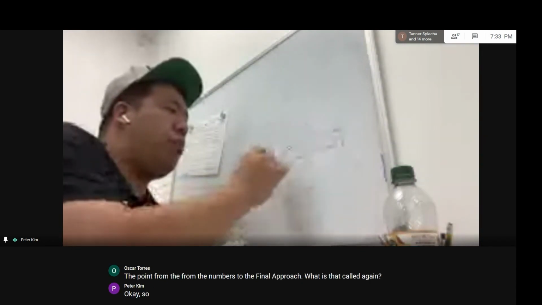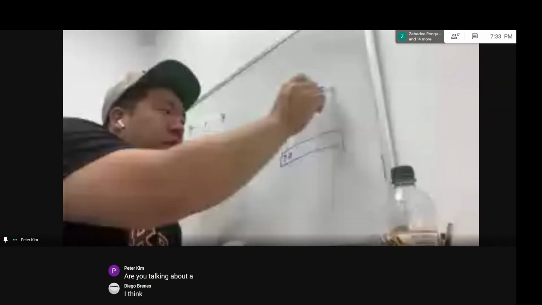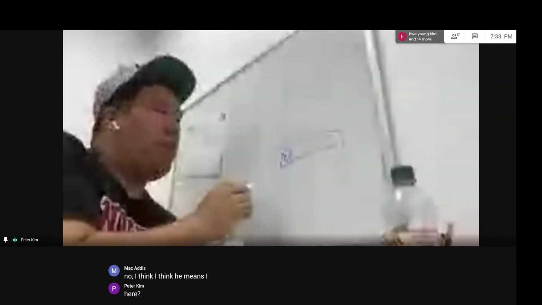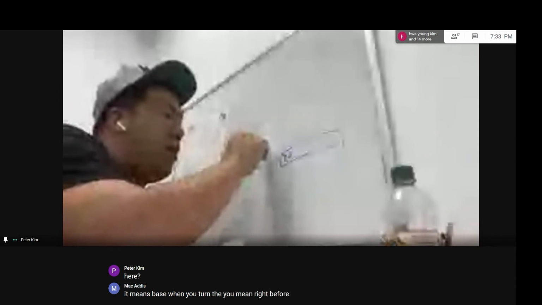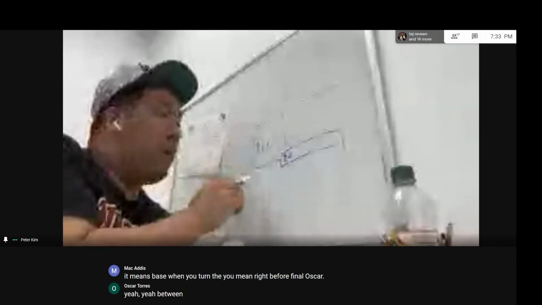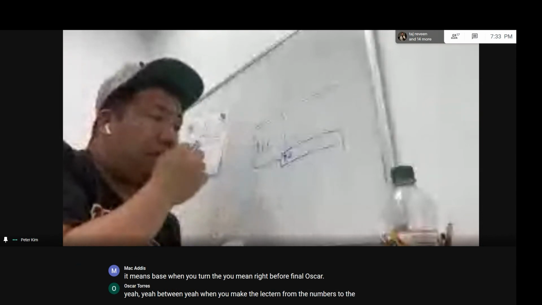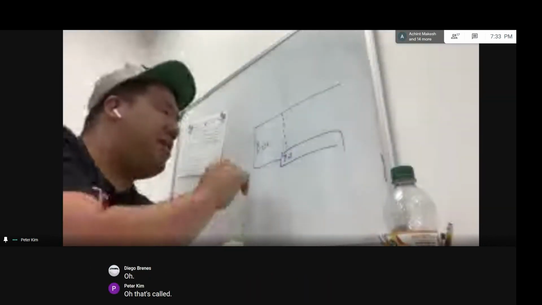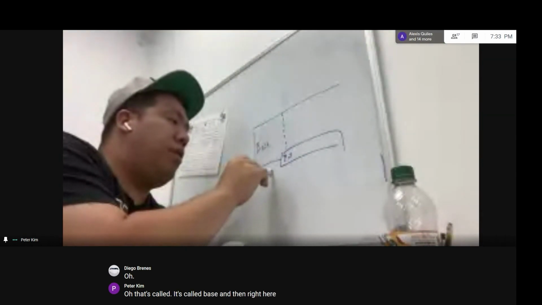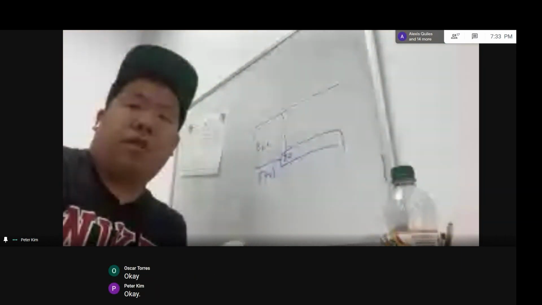I think he means base, when you turn right before final. When you make the left turn from the numbers to the final approach, what is that point called? Yeah, that's base. Okay, base. Cool. Thank you.